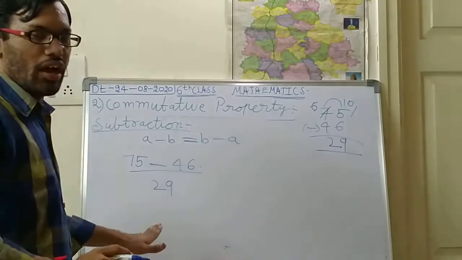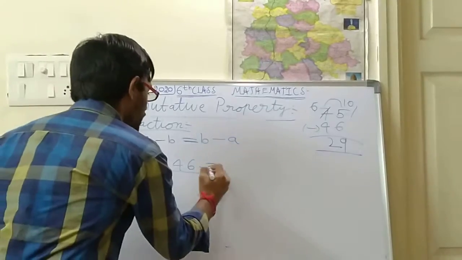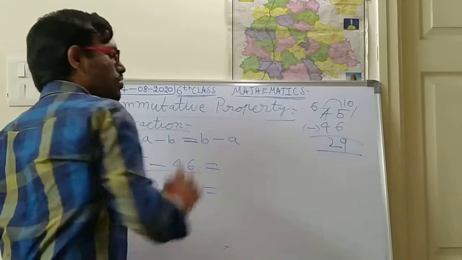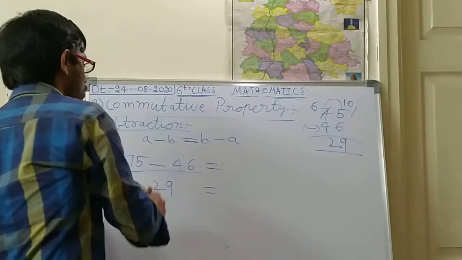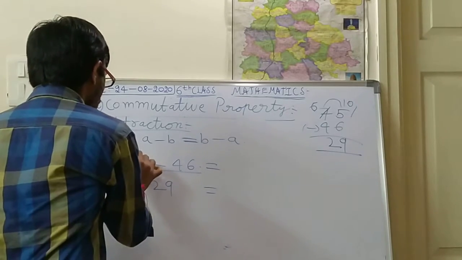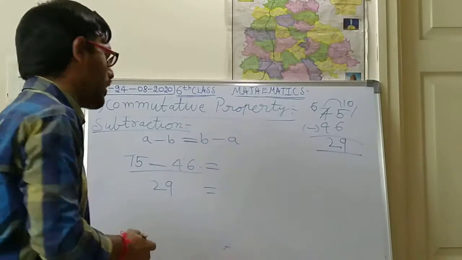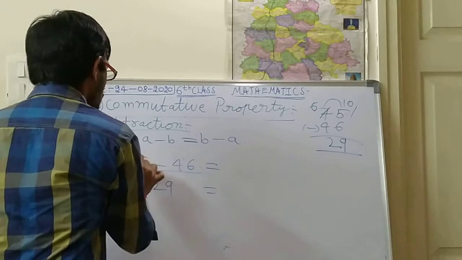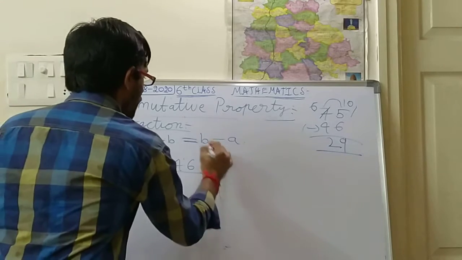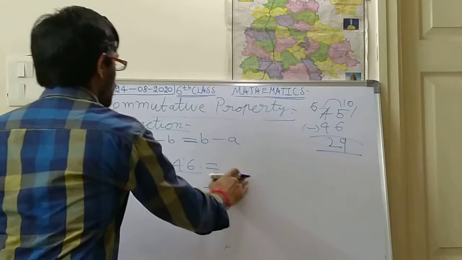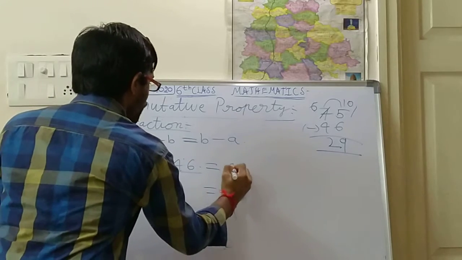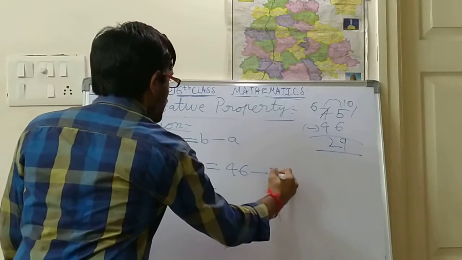I think you are understanding. Whether this is equal to the other one, we have to see. Now interchange these two numbers. Here 75 is A and 46 is B. So B minus A is 46 minus 75.